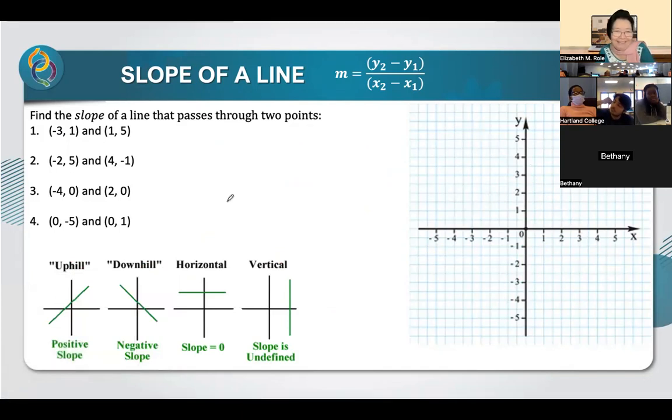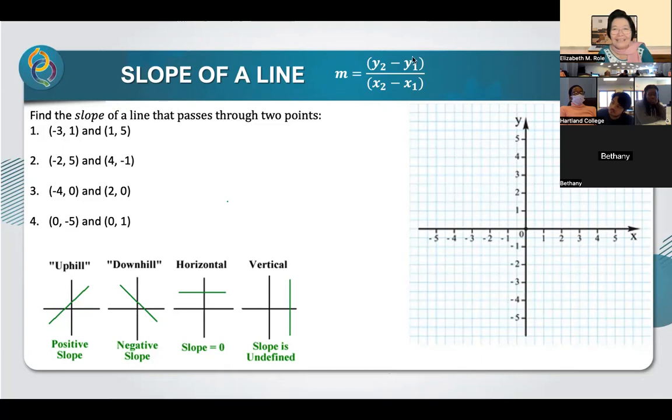We call it downhill, because it rises to the left. If the slope is 0, your line is horizontal. But if your slope is undefined, or we call it infinity, the line is vertical. So if I give you the signs of slopes, immediately you can tell me how the line looks.